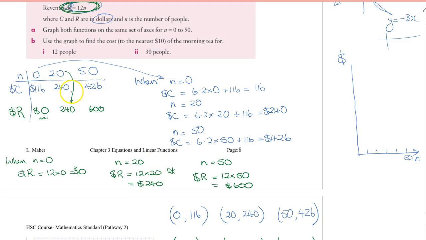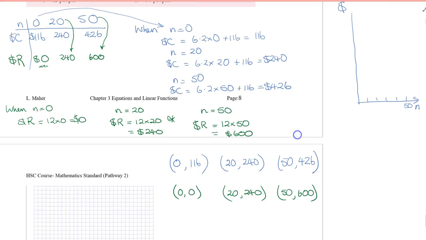You can probably see that we've got a similar situation: the blue line goes through 20, 240, and the green line will also go through the point 20, 240. But to complete the green line, I've got to consider when N is 50. When N is 50, R is 12 times 50, which is 600.